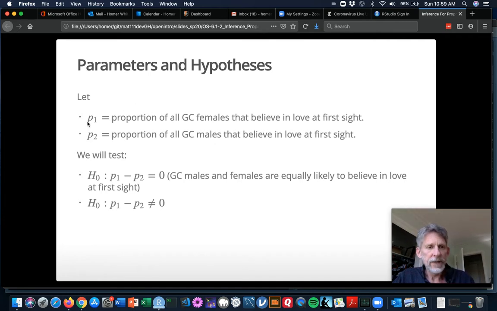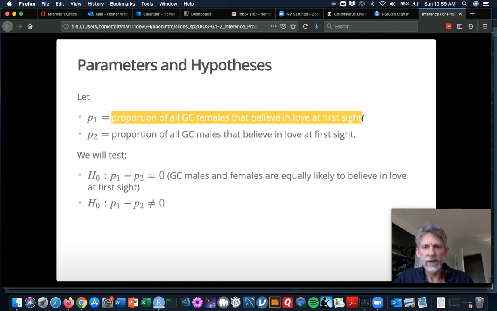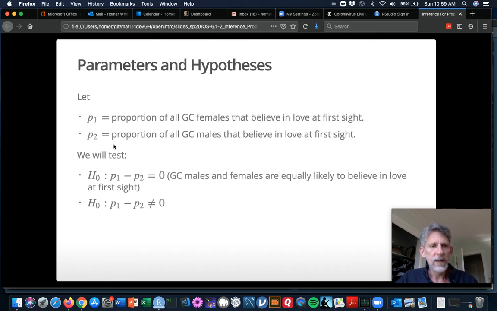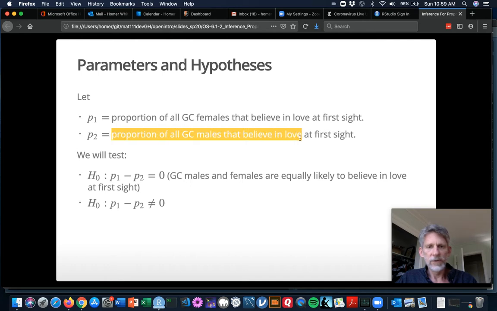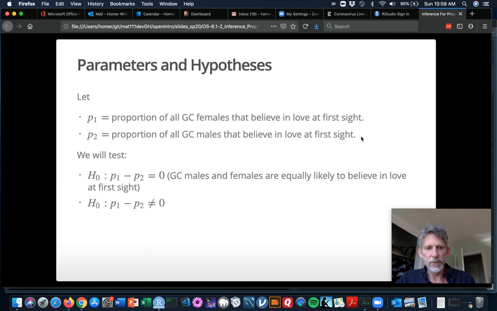Let's define P1 to be the proportion of all Georgetown College females that believe in love at first sight. That's a number that we don't know. Let's define P2 to be the proportion of all Georgetown College males that believe in love at first sight, another number that we don't know.